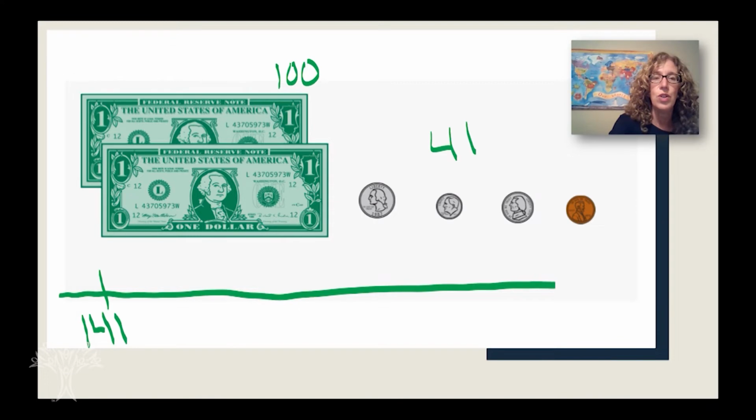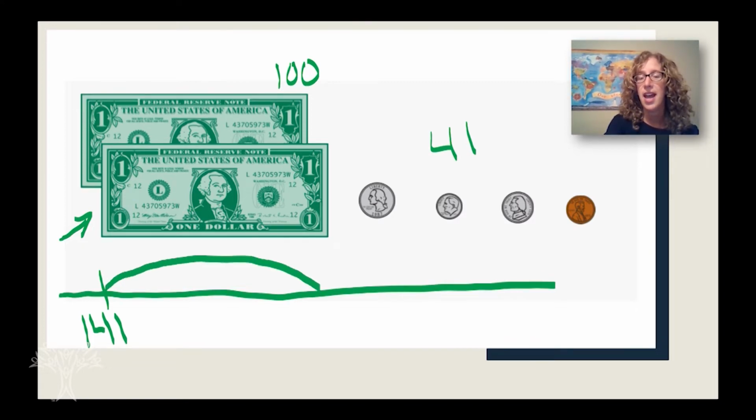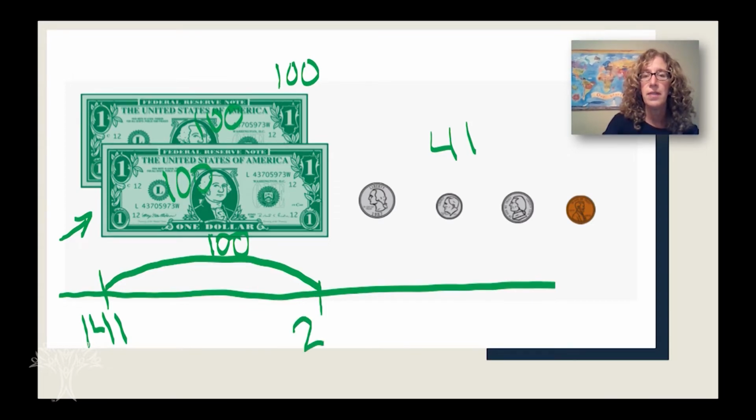Now we have this new dollar showing up, and so our question is, how much is our collection worth altogether? If I start on our original collection of 141 cents and add 100 cents for that new dollar, I now have 2 hundreds, one right here and one right here, 200, and my 41 cents, 241.